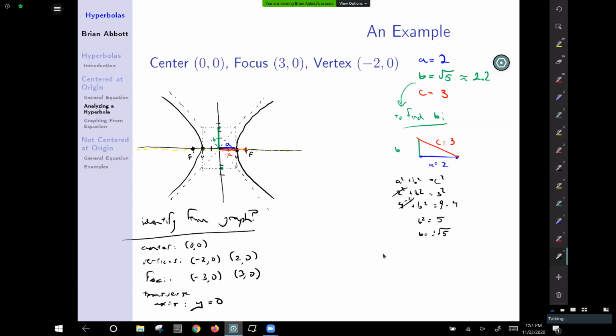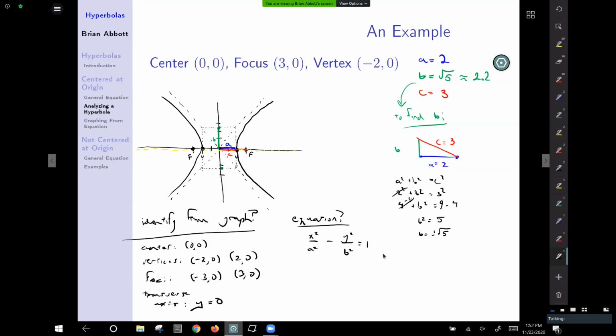Can we do the general equation? Well, we know for a hyperbola that opens to the left and right, it's of the form x squared over a squared minus y squared over b squared equals 1.